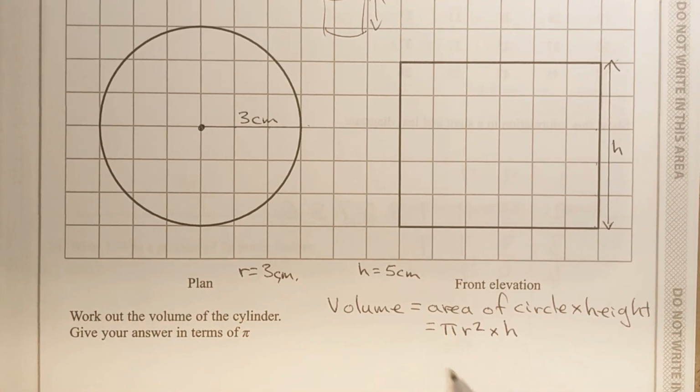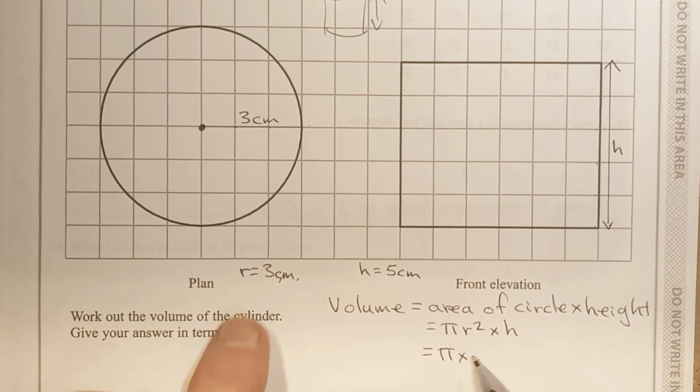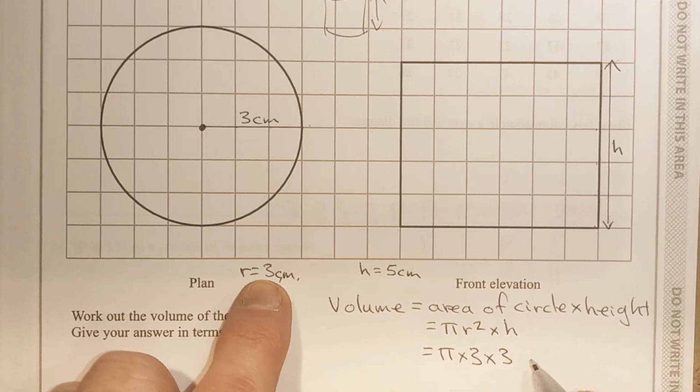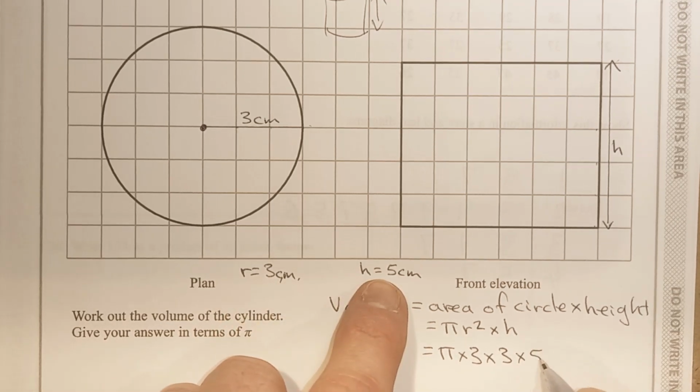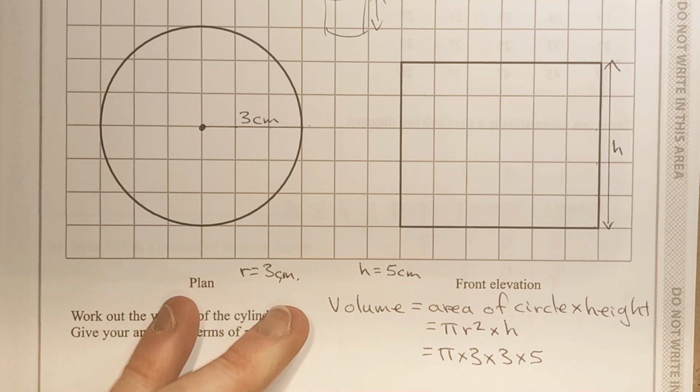So pi r squared means we've got pi times r, which is 3, squared, which means you times it by itself, and h, which is 5. Let's deal with just the number bit first. 3 times 3, so 3, 6, 9.